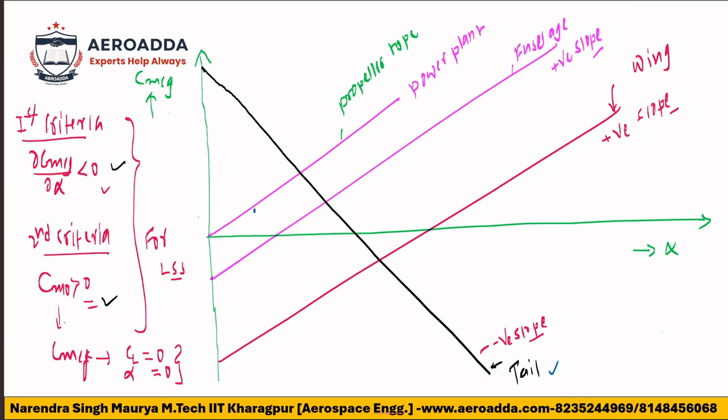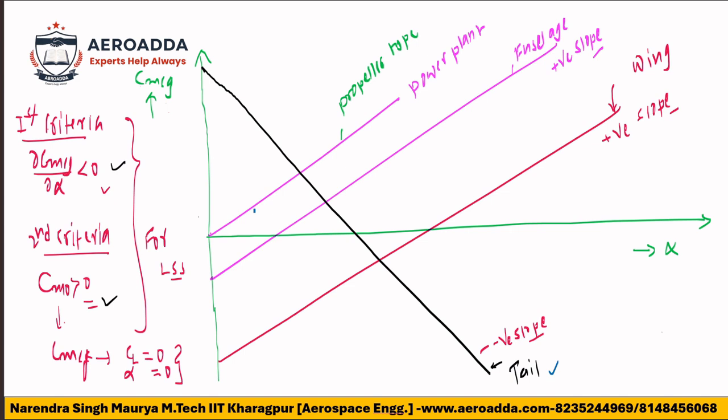So the overall effect will give a positive contribution because of the tail only. You can think like this: the tail magnitude is 30, and the rest others are, suppose, 10 to 5, so about 17. Still 30 is larger compared to 17. That is the main point.